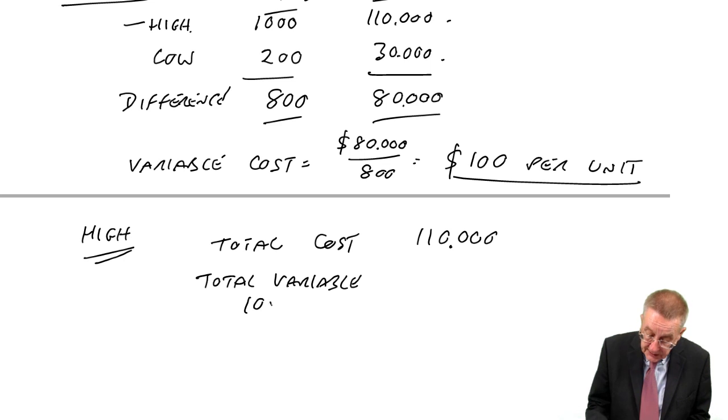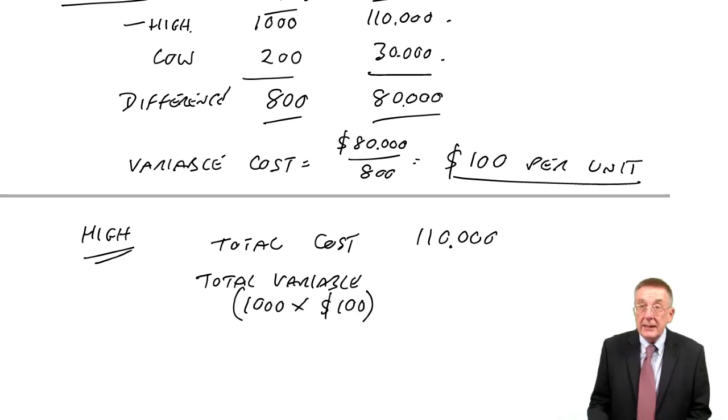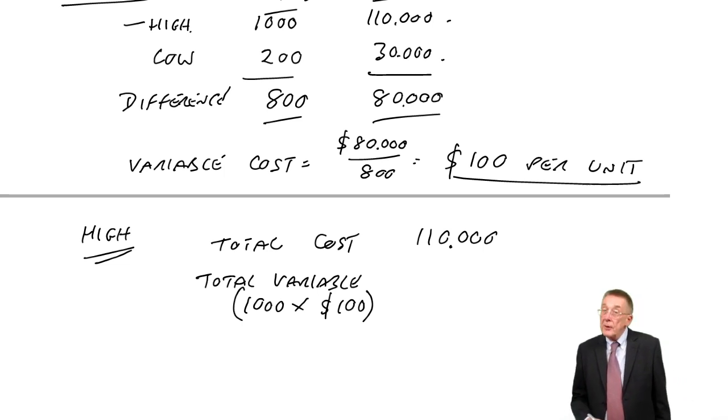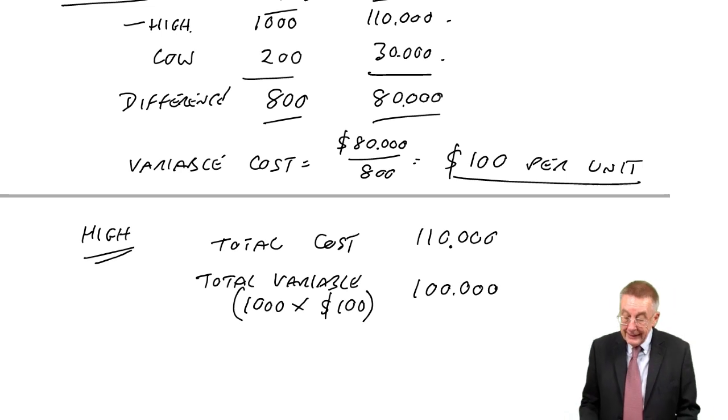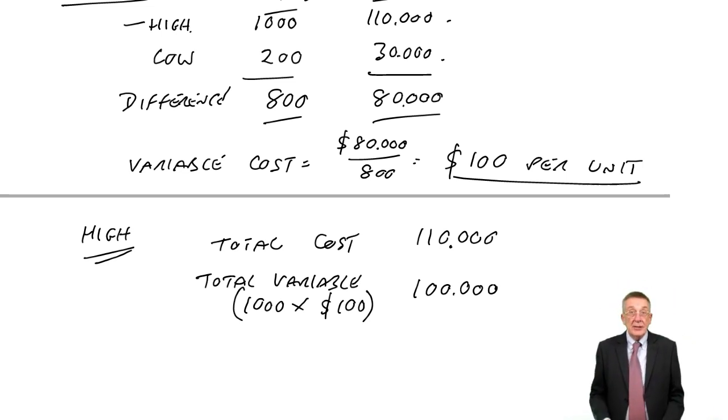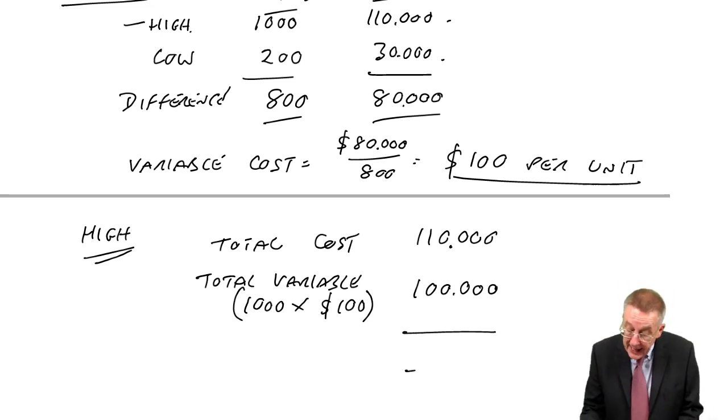Well, it was 1,000 units. We now know it's 100 a unit. And so the variable cost in total is 100,000. Well, if the total is 110, that extra 10,000 is the fixed cost.